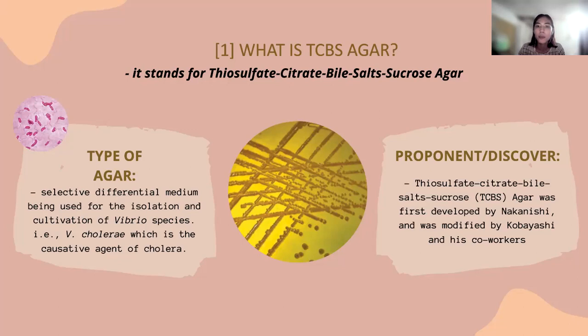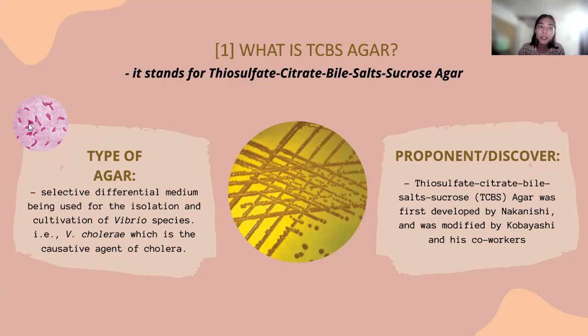That's why we culture them using various nutrient media. This type of agar is emphasized for the cultivation and isolation of Vibrio species, for example Vibrio cholerae, which is the causative agent of cholera.